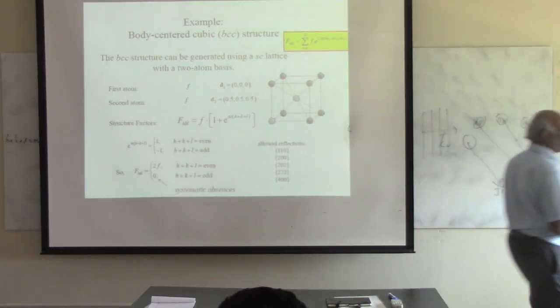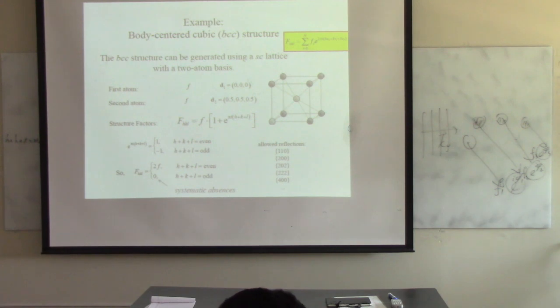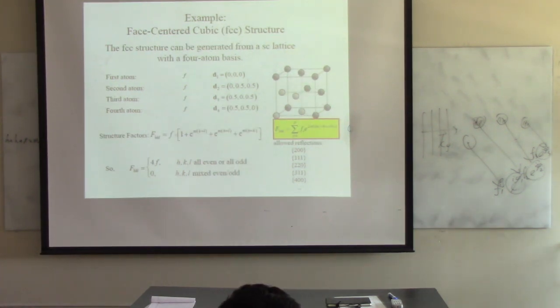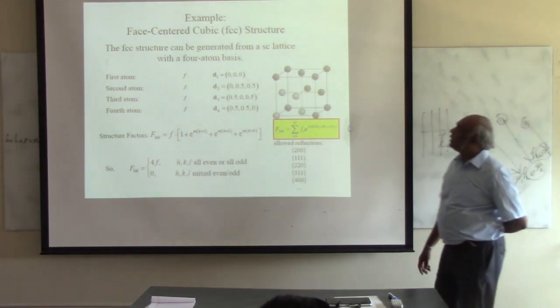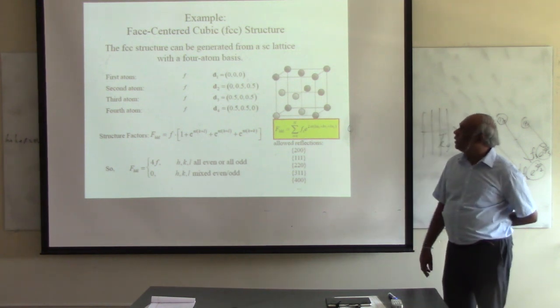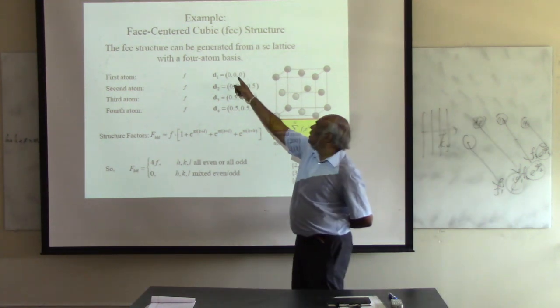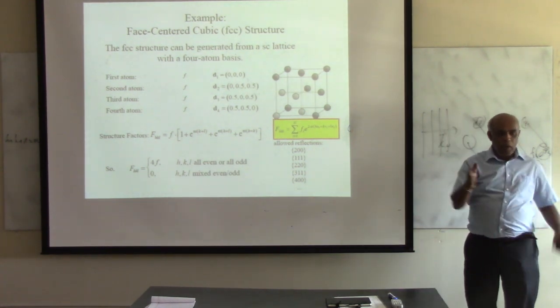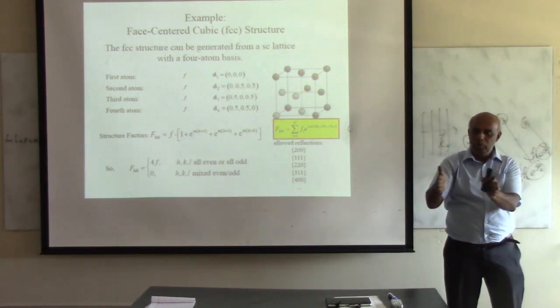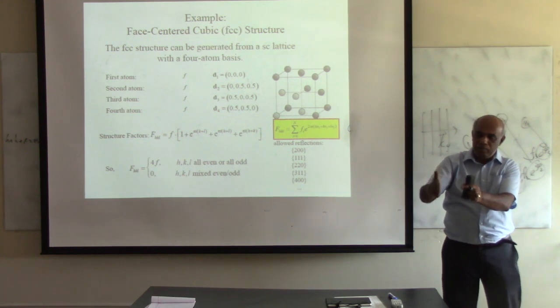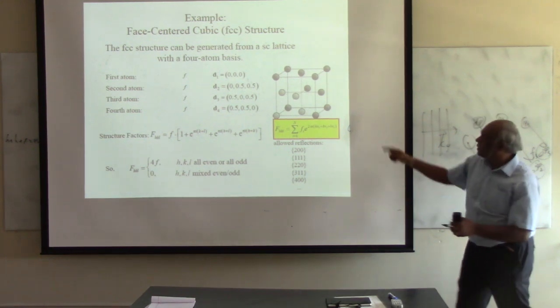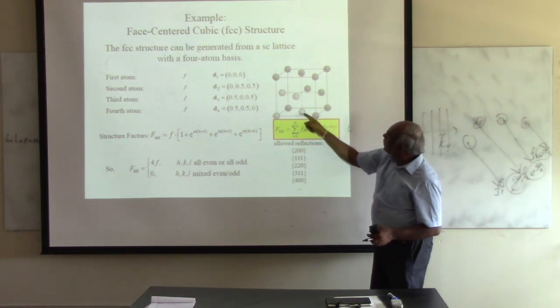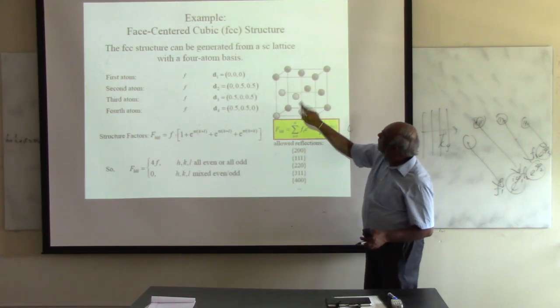So now let's look at the FCC structure. Now if you look at this one, you have one at the 0. Then what are the other 3? You have 6 faces, right? So 3 faces, you can have half of the center face, like this one and the one here.